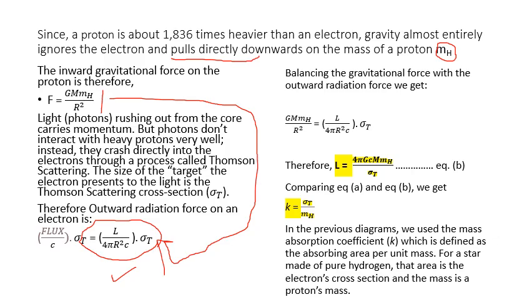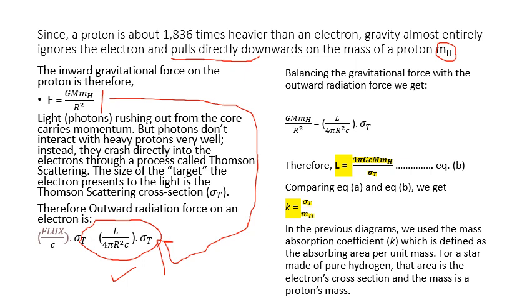So we are going to compare this with equation A, which was 4 pi G c M upon kappa, the mass absorption coefficient per gram. So we understand that kappa, the mass absorption coefficient, which is also the opacity of the star, is defined as the Thomson scattering constant divided by the mass of the proton or the hydrogen nucleus.